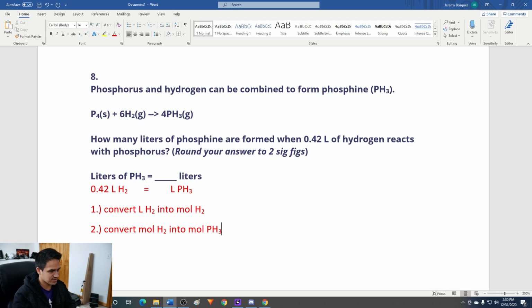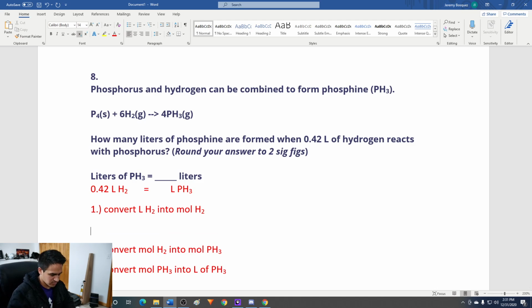I knew you guys knew this. All right, here we go. And then lastly, step 3 is going to be what in this problem? You are correct. We are going to be taking our moles of PH3. Okay, so convert moles of PH3 into liters of PH3. Okay, because that's what they want us to end in, is liters. All right, so let's get to it on this problem.